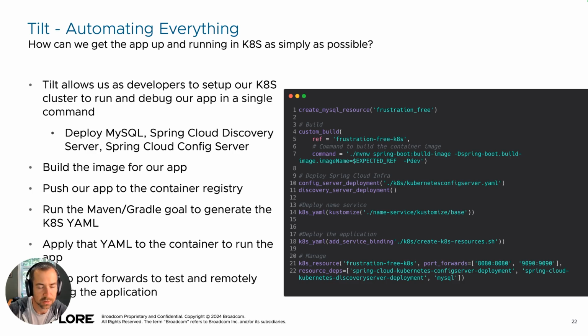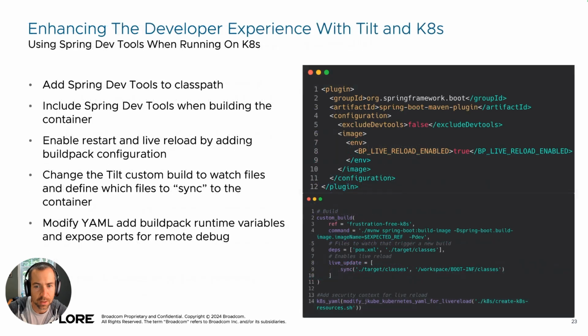But we're also going to use Tilt to make our developer experience a little bit better. In addition to using some port forwarding tools, it also enables us to do some live reload, just like we would using Spring Dev Tools. So whenever we make changes to our application, we can see those changes reflected in the application running on Kubernetes near instantaneously.